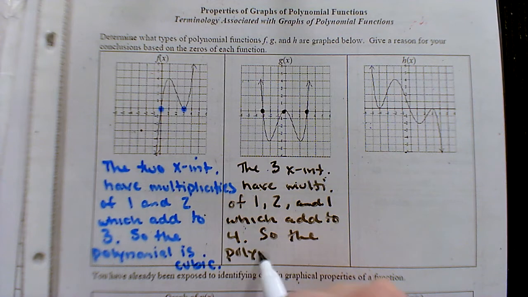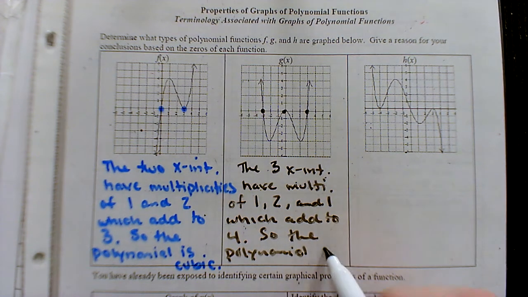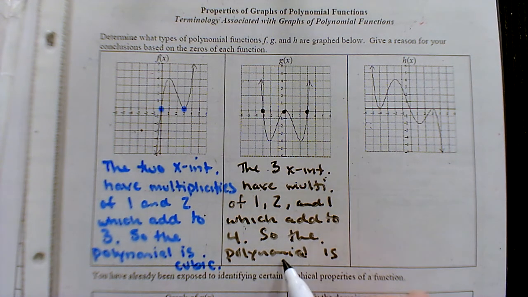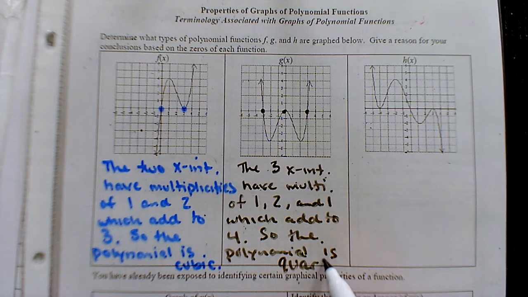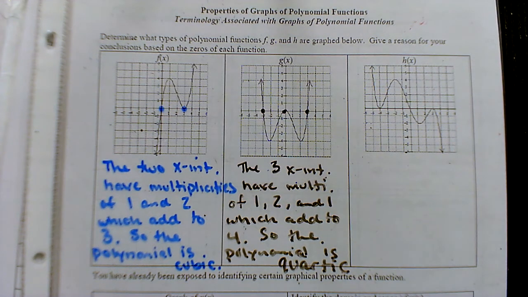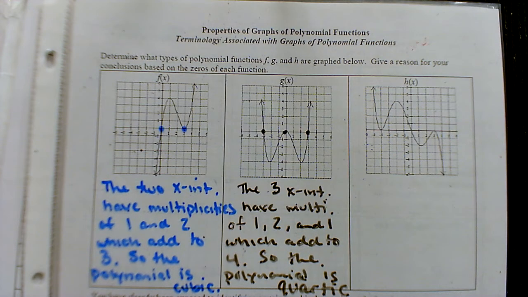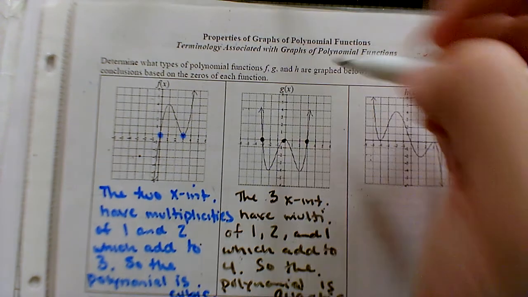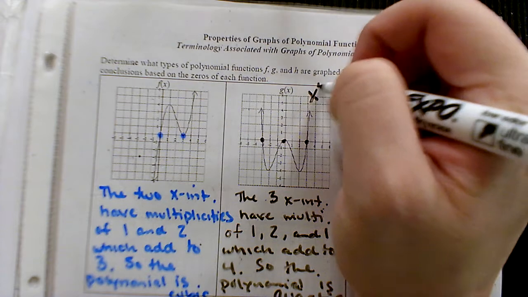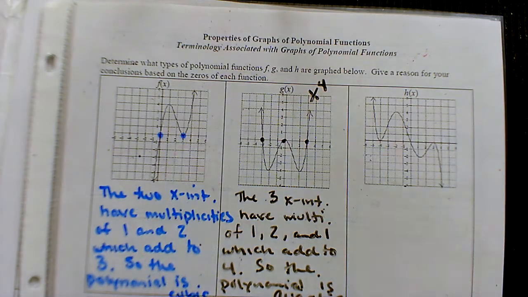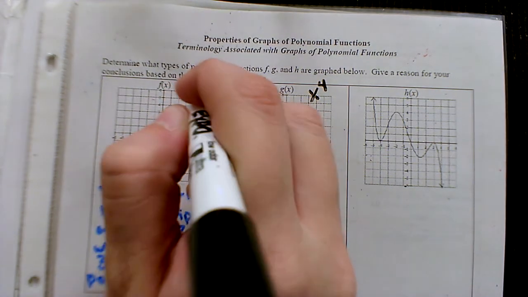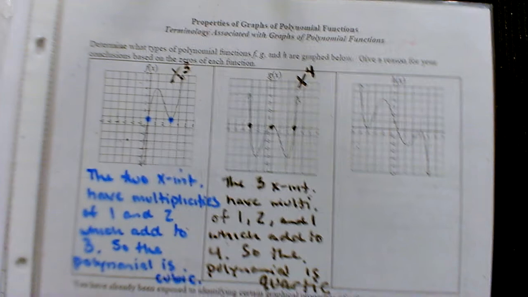So the polynomial is quartic. Okay, so we don't really know what the equation is. We could write the equation though, because we know what the x-intercepts are. We can then go ahead and write it in factored form. So we know in the end we would somehow have an x to the 4th for this graph and an x to the 3rd for the first one.